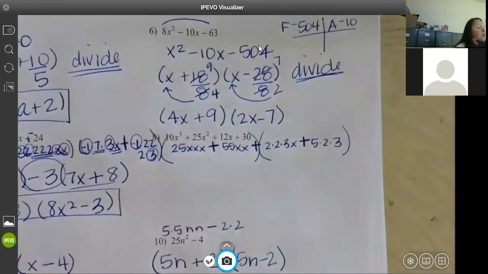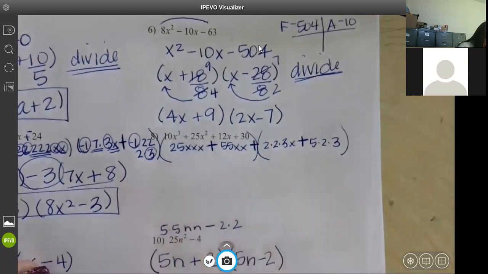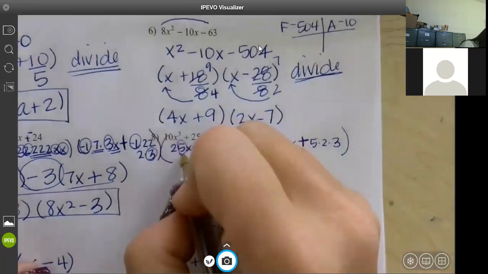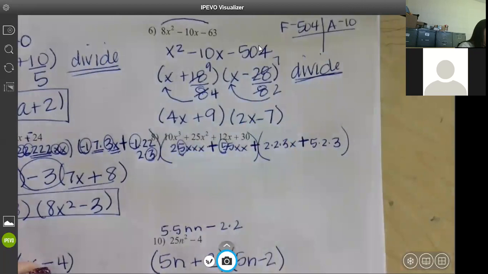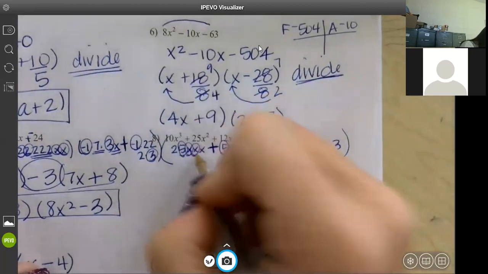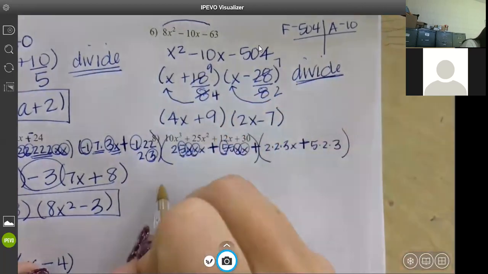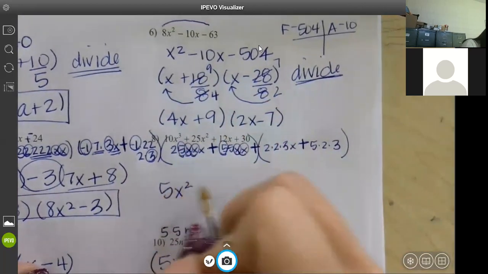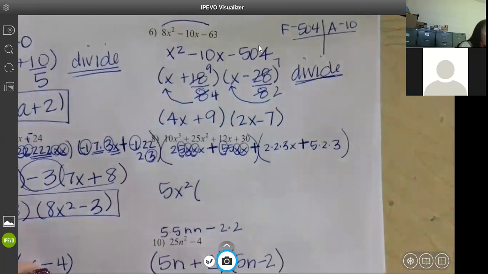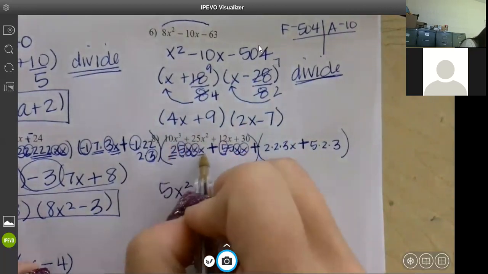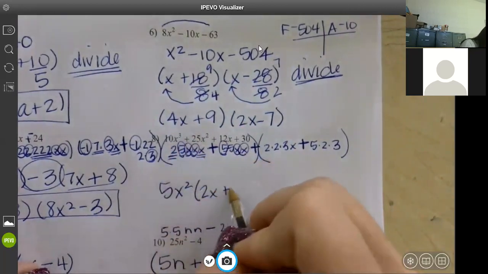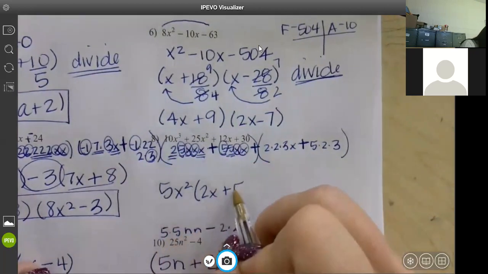What's in common in the first two, or the first set of parentheses? A 5. Two x's. So we have a 5 and 2 x's. What did we leave? Just read it. 2 times x is 2x. We had a plus, and the only thing I left over here was 5.